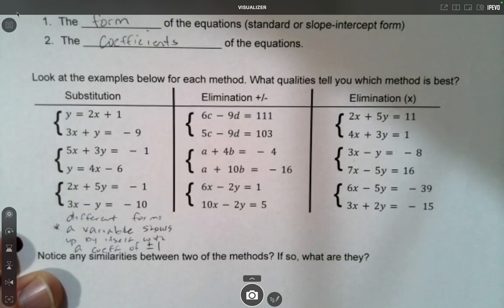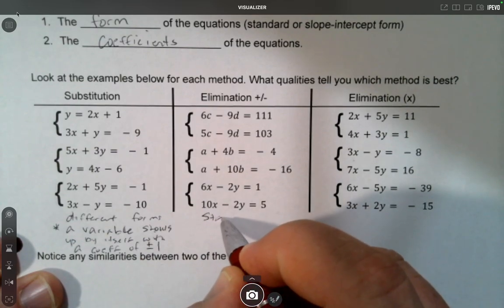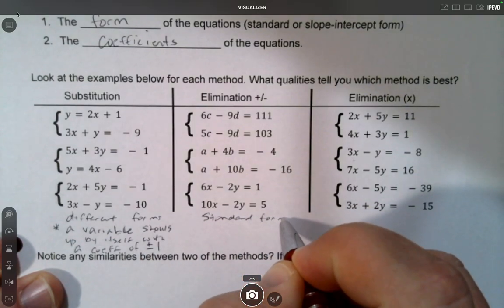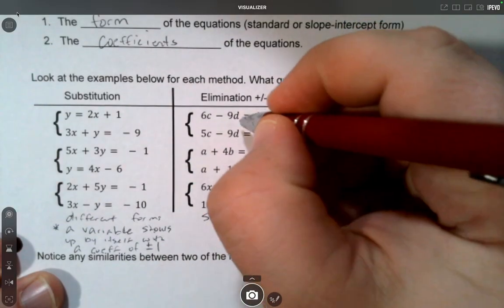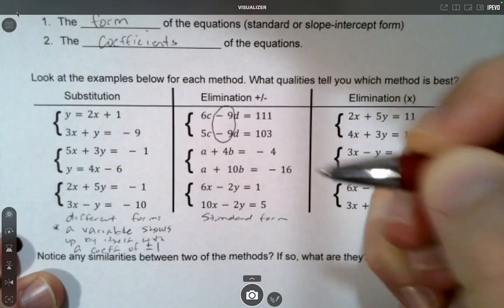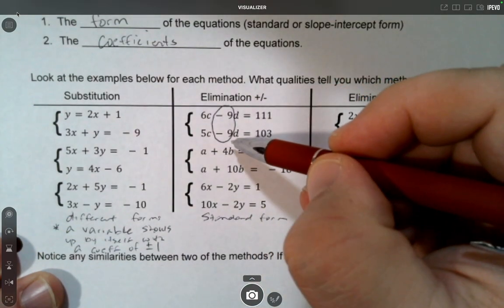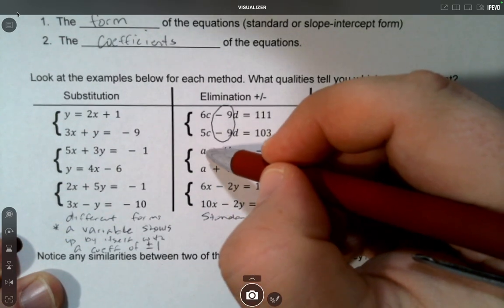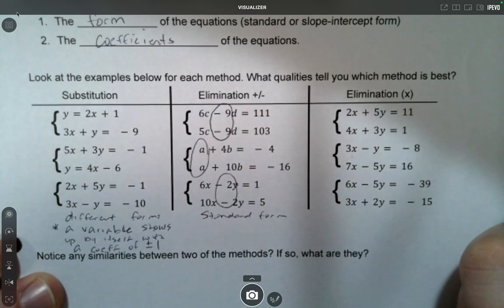So as you look at elimination, we're just adding or subtracting. If you notice, every single example with elimination is in standard form. Then, if you look at the coefficients, at least one of the variables has the same coefficient. Now the signs might be different. I should have had a different sign somewhere in here, but even if this was a -9 and a +9, we still say same coefficient. +1x, +1x. -2y, -2y.